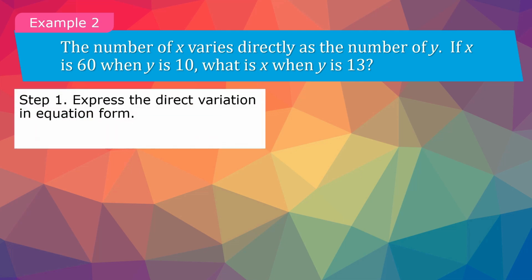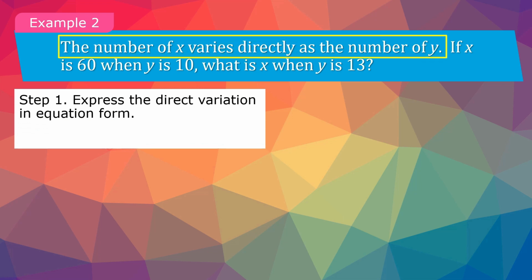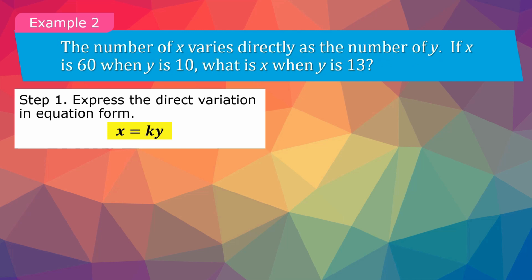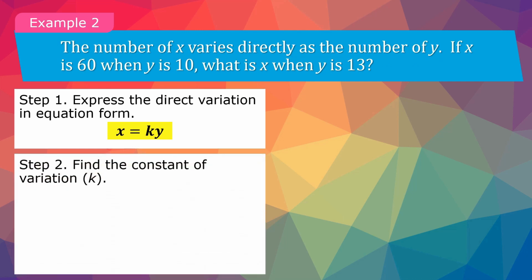Step 1. Express the direct variation in equation form. Remember, the problem says that the number of x varies directly as the number of y. So in equation, that is, x is equal to k times y. Step 2. Find the constant of variation.